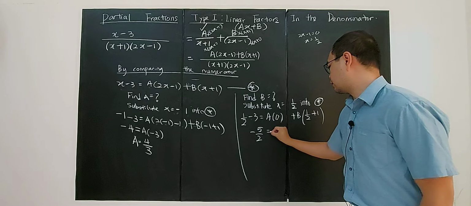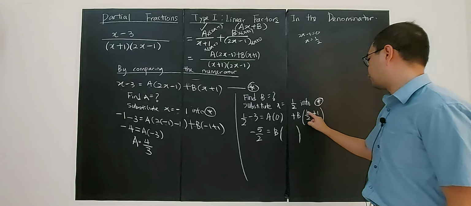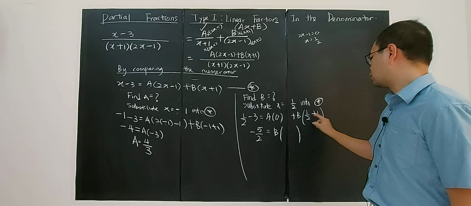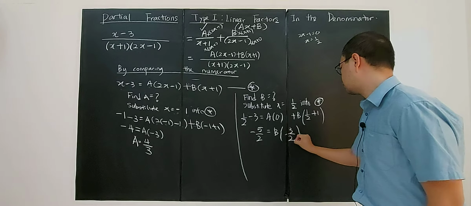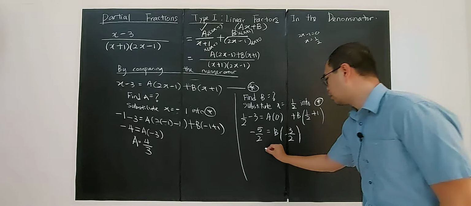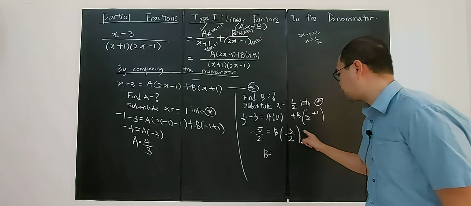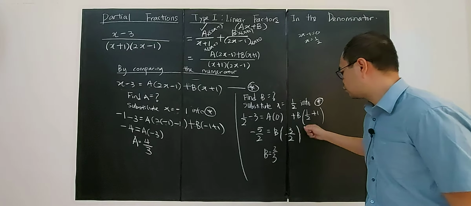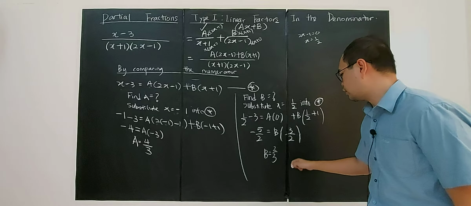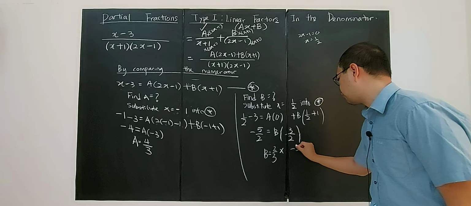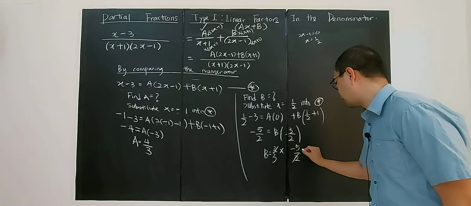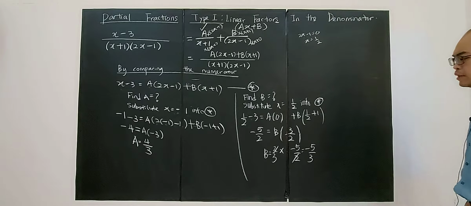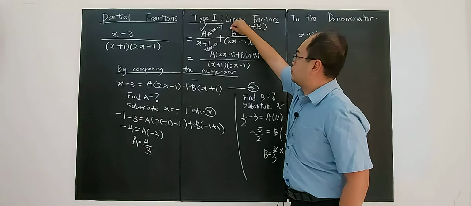Then you have b, here you will have 2 over 2, so you will have 3 over 2. Therefore b equals, multiply 2 over 3 on both sides, so 3 over 2 becomes 2 over 3, multiplied with negative 5 over 2. So you have negative 5 over 3. b is negative 5 over 3. So now you have found b.